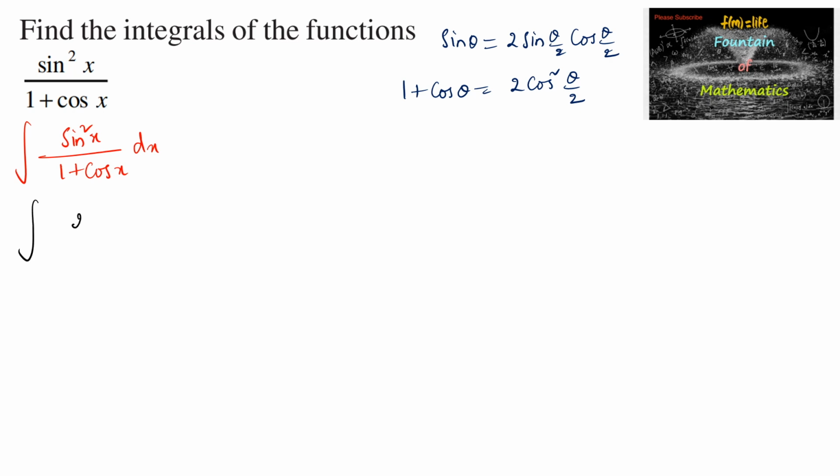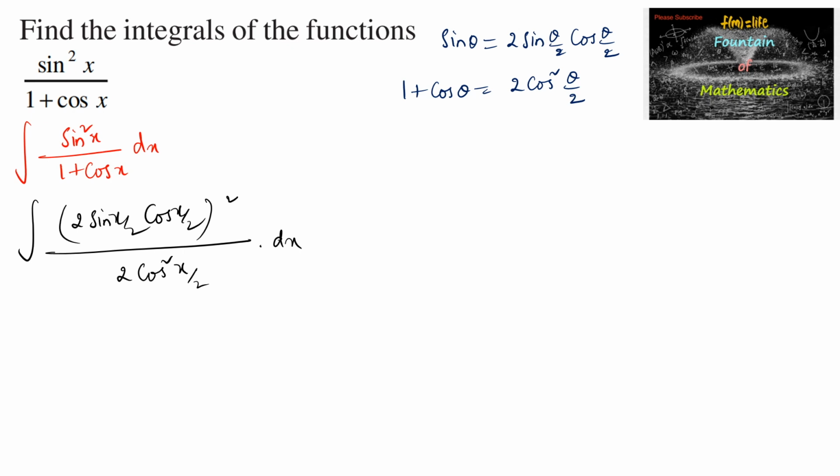Sin square x we can write (2 sin x by 2 into cos x by 2) whole square divided by 2 cos square x by 2 dx, which is equal to 4 times sin square x by 2 into cos square x by 2 divided by 2 cos square x by 2 dx. So we may cancel 2 times, and cos square x by 2 with cos square x by 2.